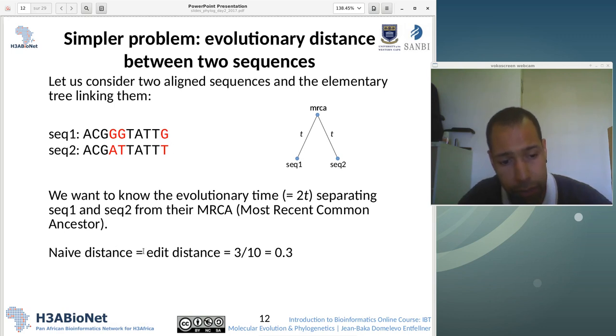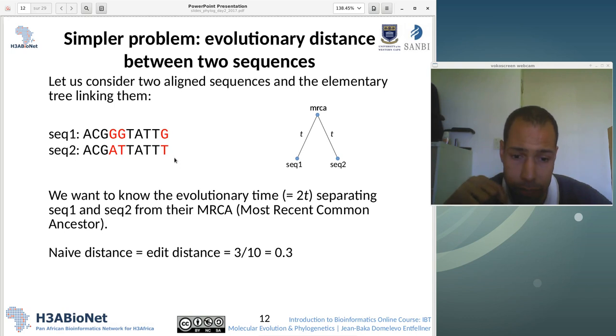And we had a first naive distance that we calculated just by observing the ratio of sites having a mutation divided by the total number of sites. But we know that it's only an estimation.